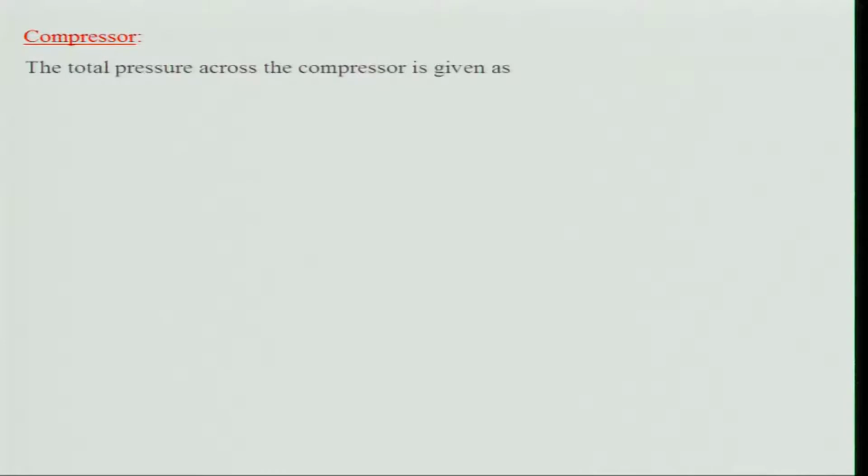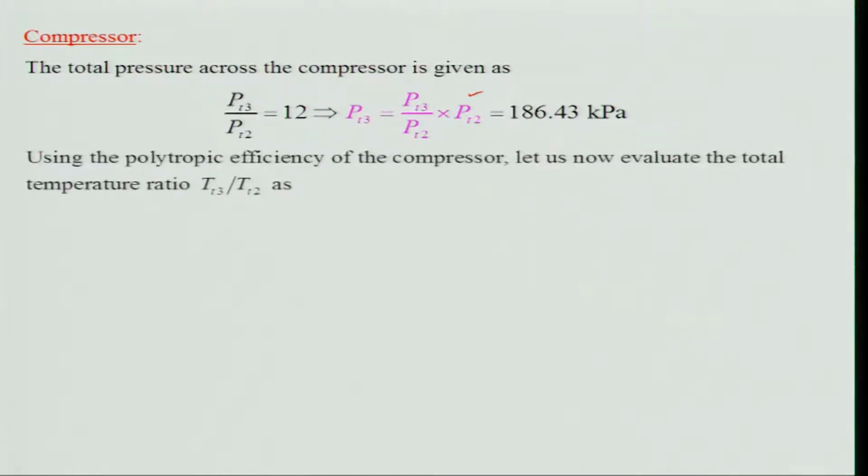So, the total pressure ratio across the compressor is given by PT3 by PT2 is 12. So, PT3 is equal to PT3 by PT2 into PT2. So, we know this ratio, we can directly get the value of PT3. So, using the polytropic efficiency and the compressor, we can evaluate the temperature ratio, right.